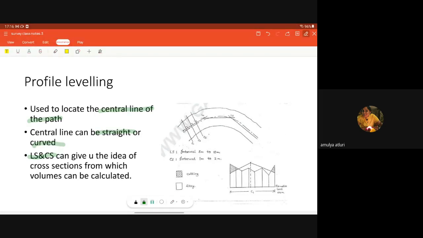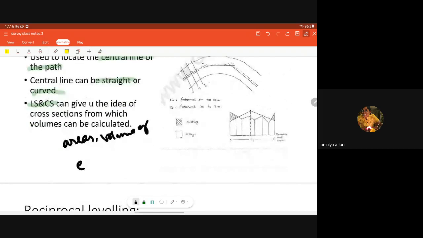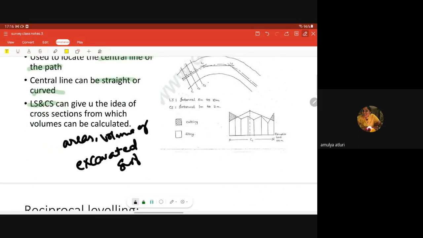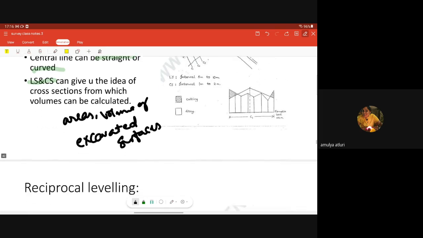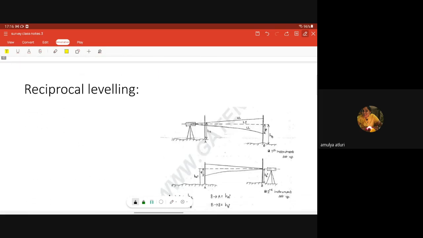So generally for calculation of volumes, areas, volumes of excavations, of excavated surface can be calculated using profile leveling, cutting and fillings, excavations and all.